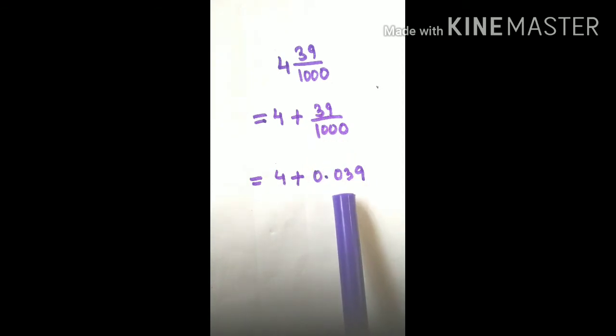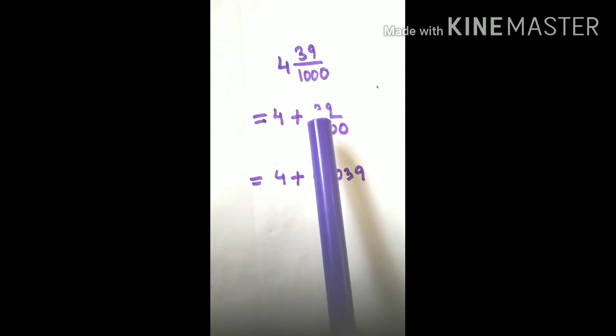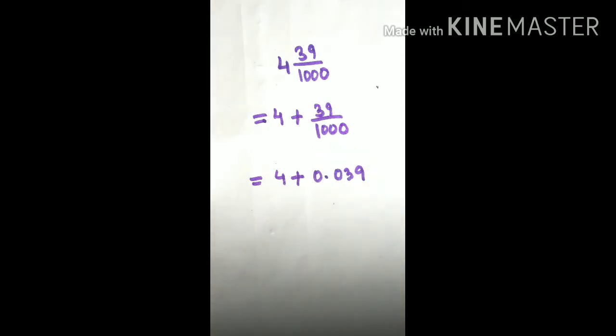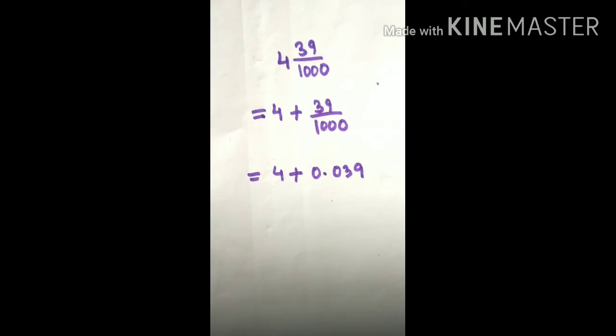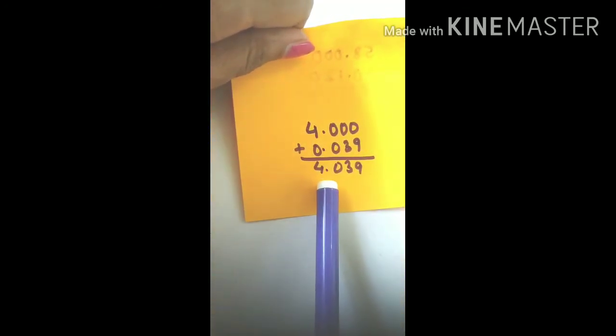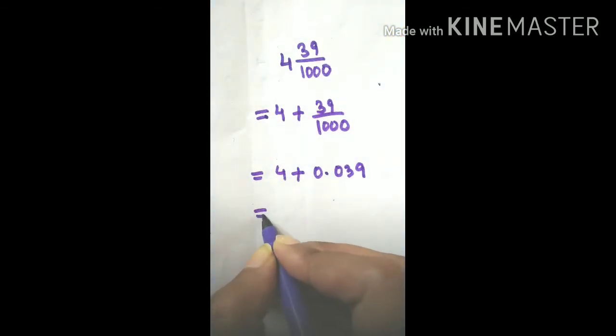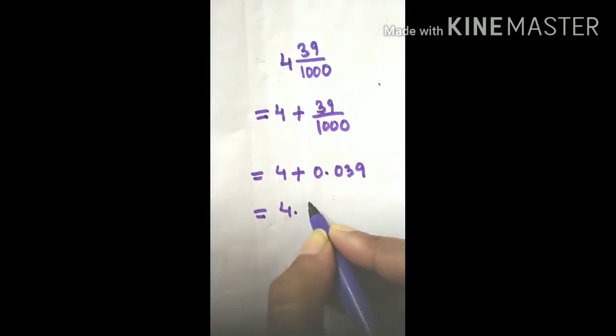So in the tenths place we put a 0, since there was no digit in the tenths place here. Now we need to add 4 and 0.039. So when we add them, we get 4.039. So in the next step, we will write 4.039.